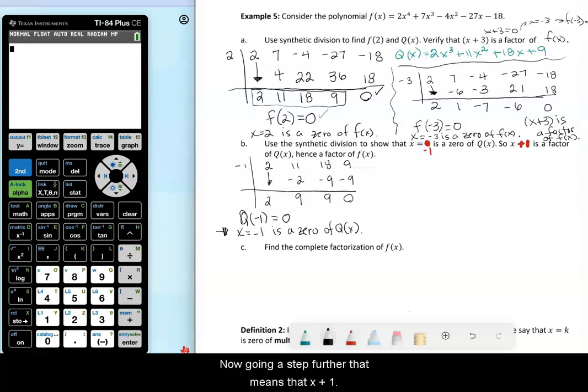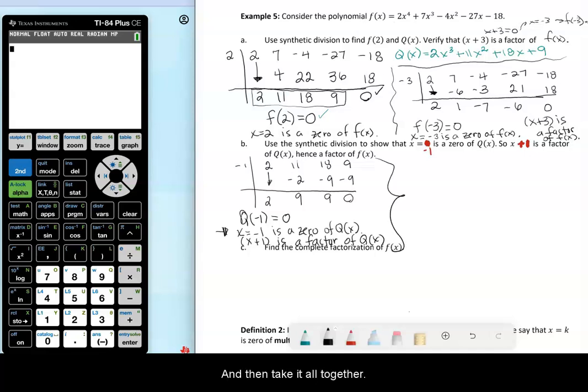Now going a step further, that means that x plus 1 is a factor of q of x. And then taken all together, that means that f of -1 is also 0. Because once again, q of x came from a synthetic division using a 0 of f of x.